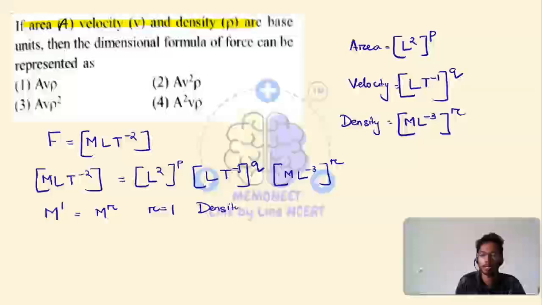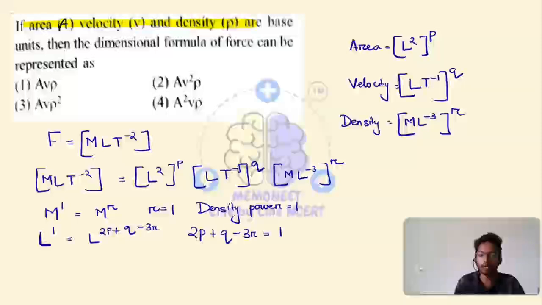Then for length, on the LHS, L to the power 1 is equal to L to the power 2P plus Q minus 3R. So 2P plus Q minus 3R is equal to 1.